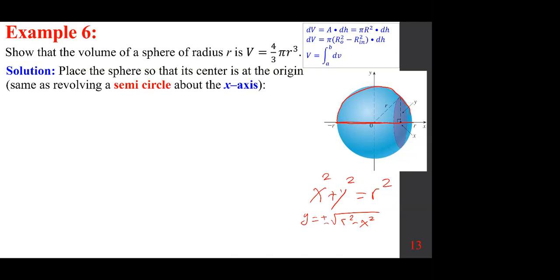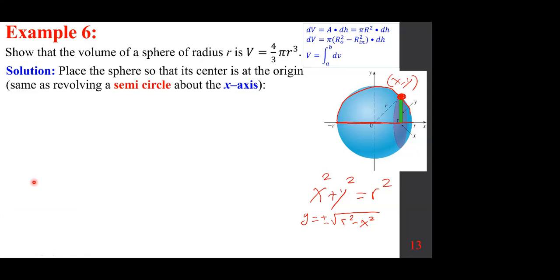By the way, you can look at the right side and revolve it about the y-axis. It works out the same. So if this is the case, what we need to figure out is a typical vertical strip, okay? And then we are going to revolve it. So here's the strip and the distance from the axis of rotation. So let's just write this point as coordinates x and y, which come from the equation of y equals square root of r squared minus x squared, the positive portion of this.